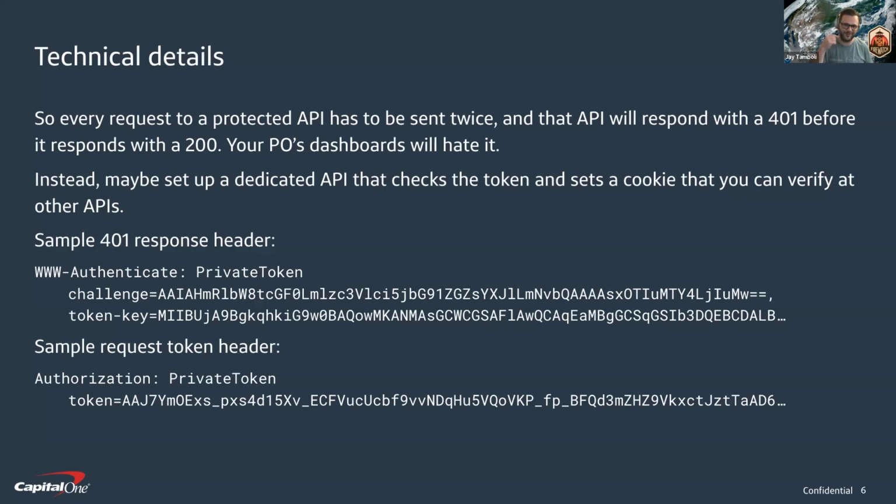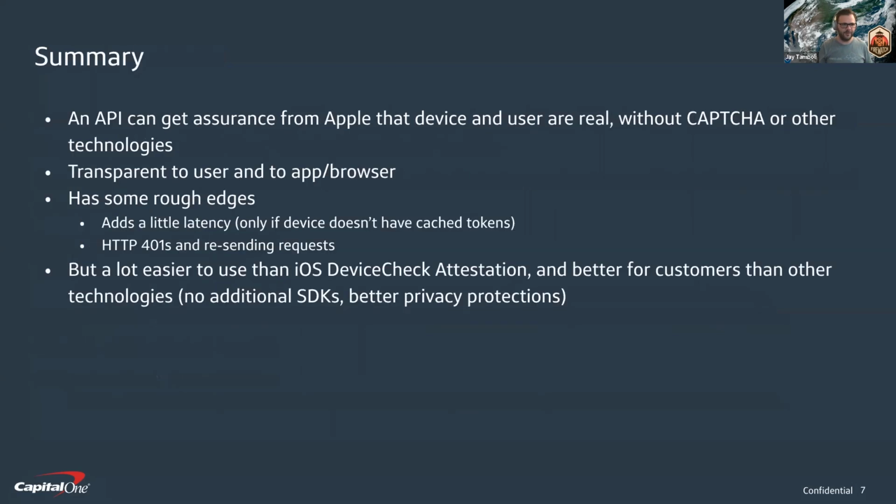So even if you wanted to reuse the same token, the app doesn't get that chance. But the challenge is there, and then also the public key of the issuer that you want to use. And then, as I said, iOS goes through the process to get a token, and sends back the token in an authorization header.